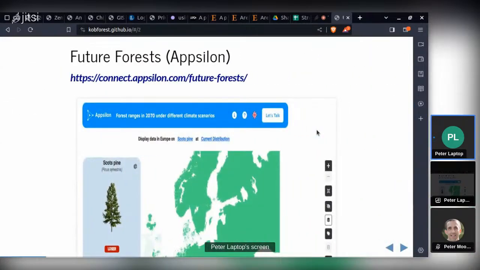So, a taster of the end result. I'm looking at a thing here called Future Forests by Absalon. That's a Shiny app, and it discusses the future species distribution of various tree species around Europe over the next couple of decades, given a couple of scenarios.